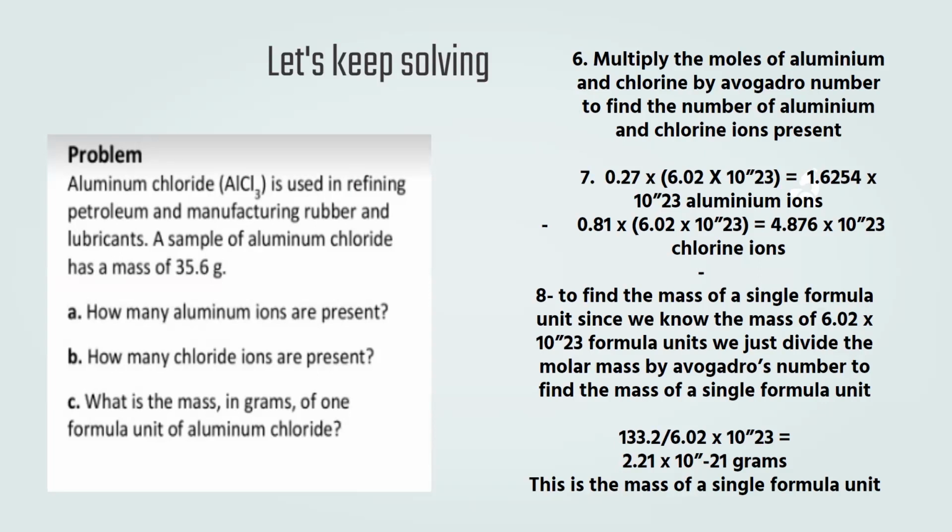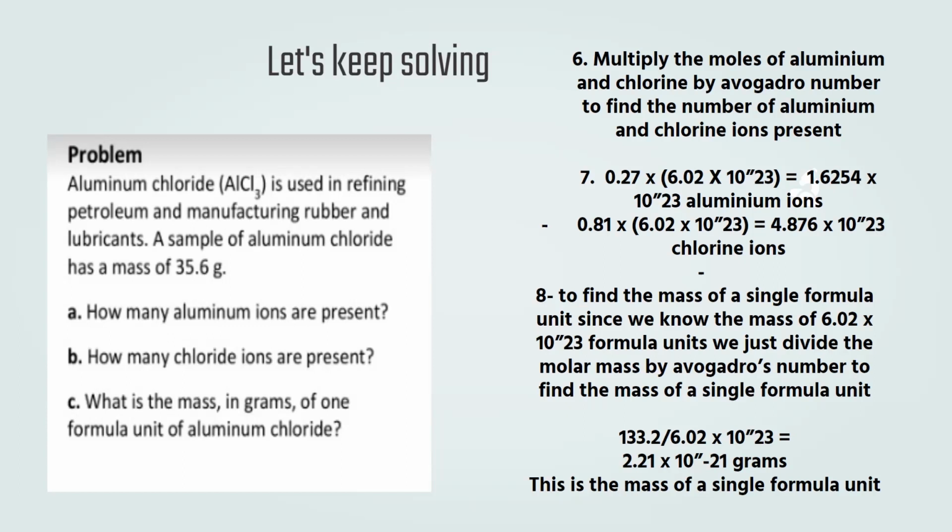Now, finally, C asks us, what is the mass in grams of 1 formula unit of aluminum chloride? Now, that's simple. It just wants us to find the mass of 1 aluminum atom and 3 chlorine atoms or ions present together, not as a mole, but as a single formula unit. So each of them in their most basic form, as atoms, basically.